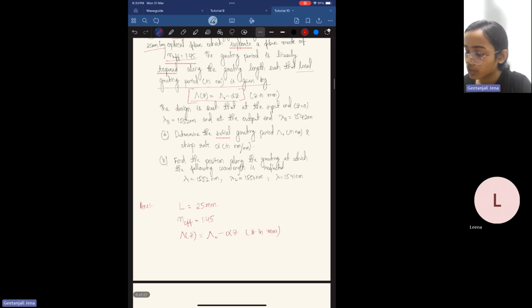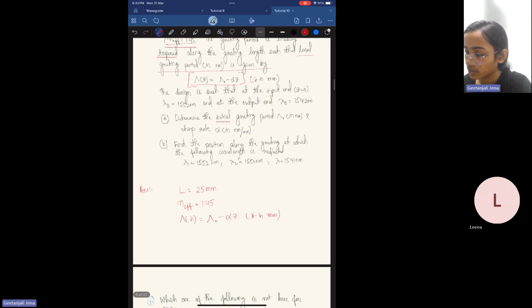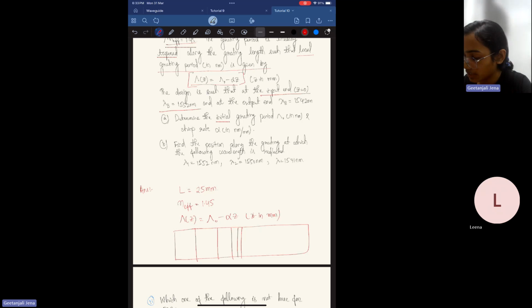Now the design is such that at the input end, z equal to 0, lambda B is 1552 nanometer. So for this fiber Bragg grating, as z increases, the period decreases. It is decreasing as we move along the fiber Bragg grating.